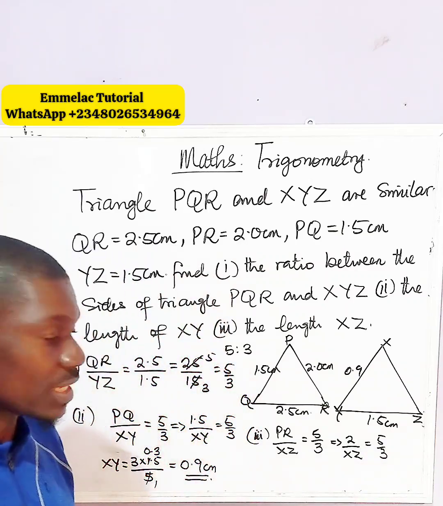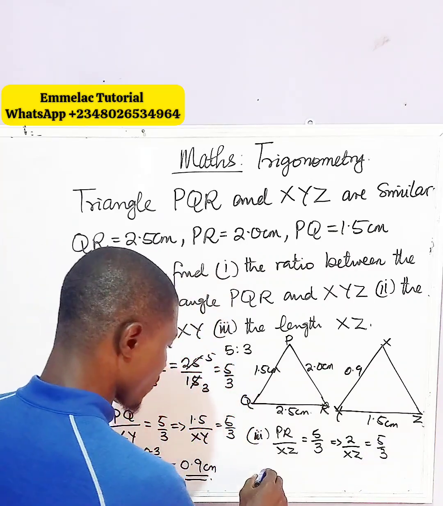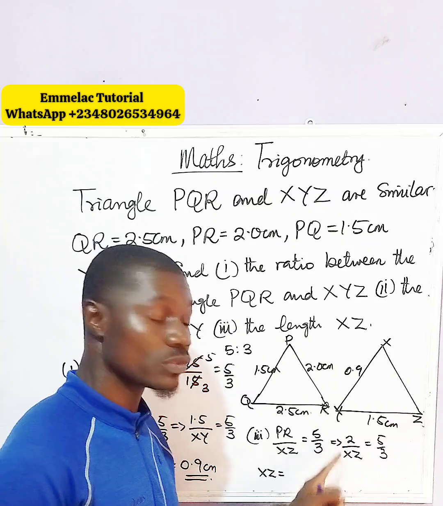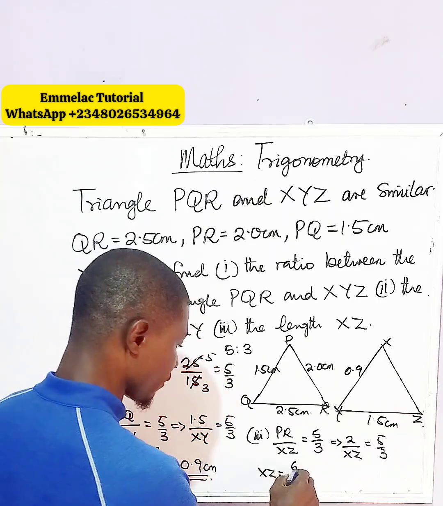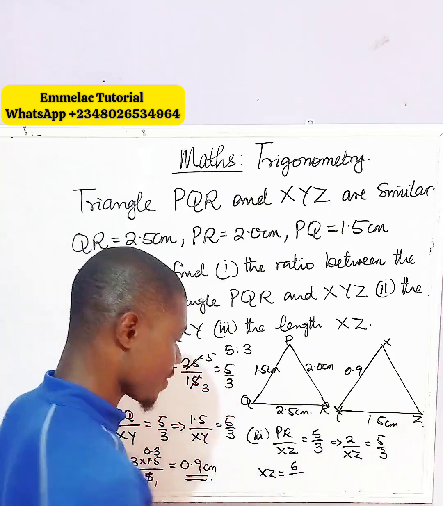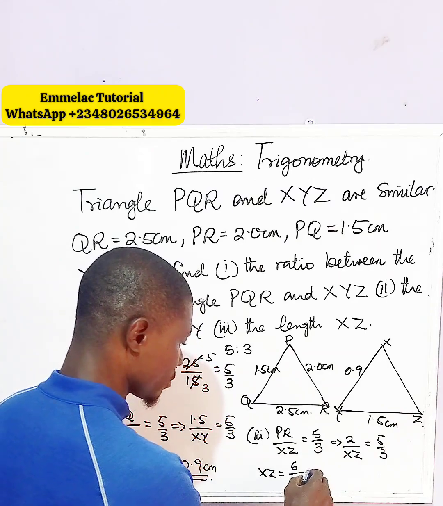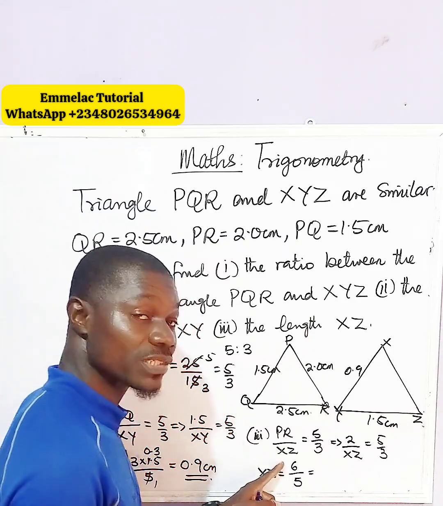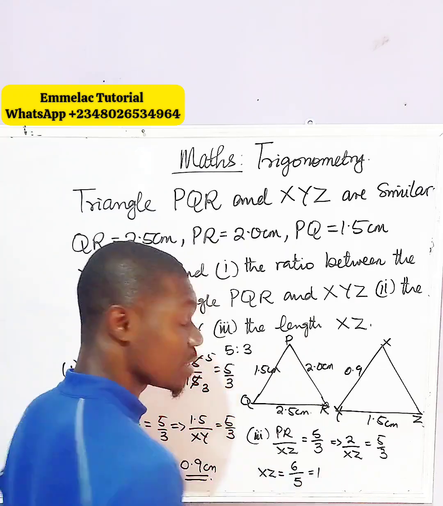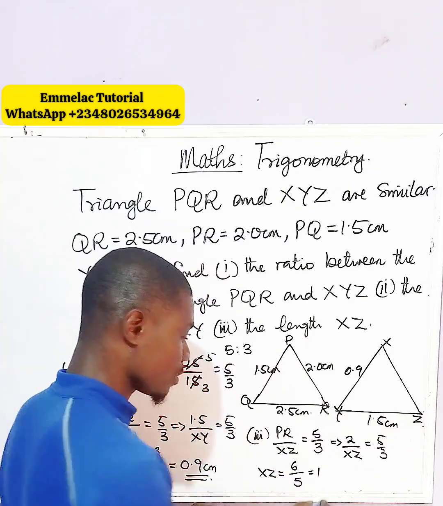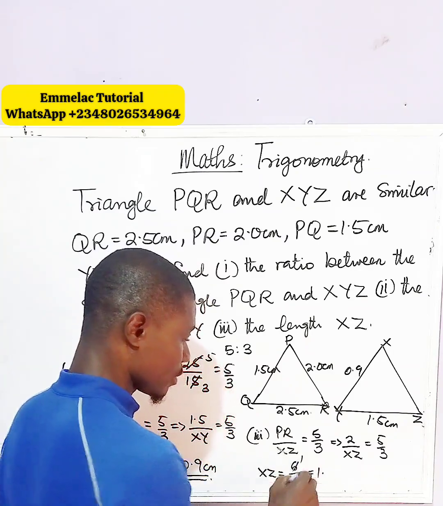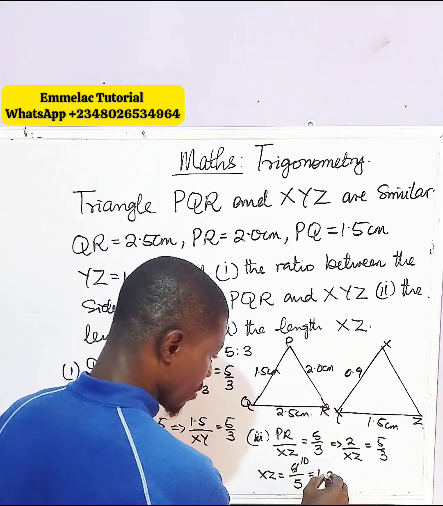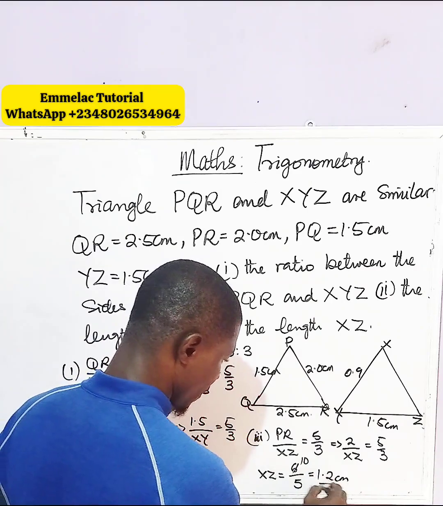Let us make XZ the subject of the formula. So XZ will give us 3 times 2 gives 6, all over 5. So 5 in 6 is 1, remainder 1, 1 in 1 impossible. So we add 0 in 10, we have 2 centimeter.